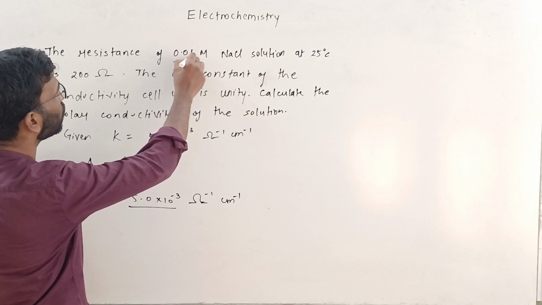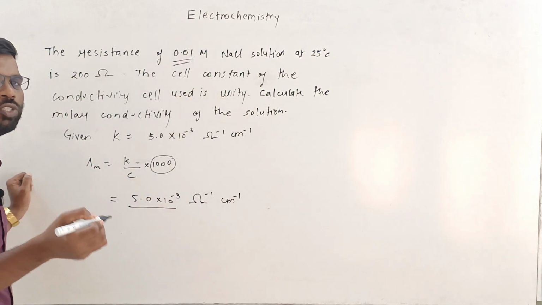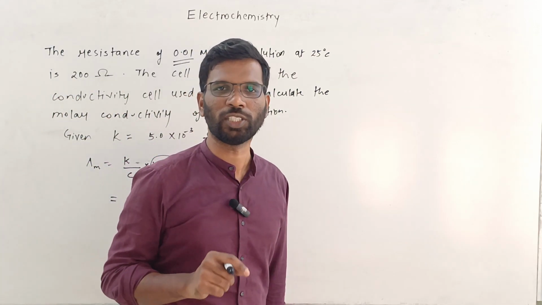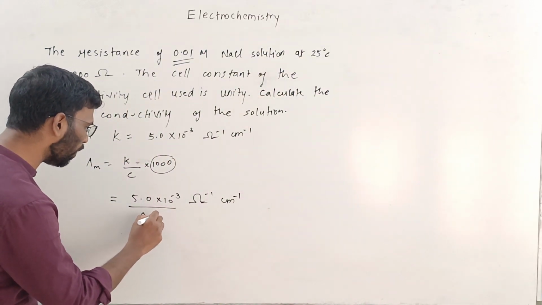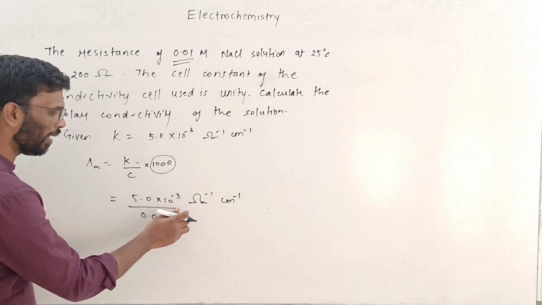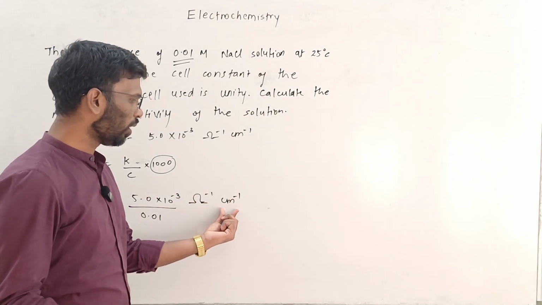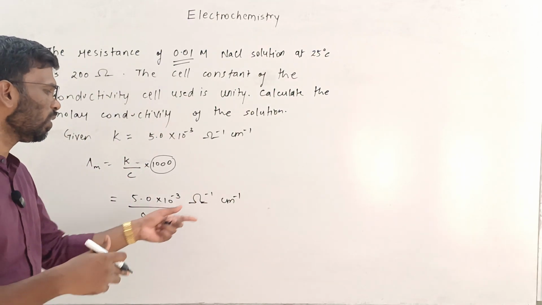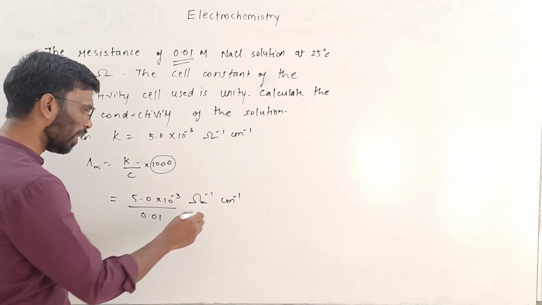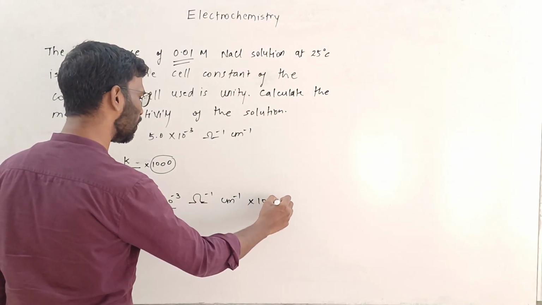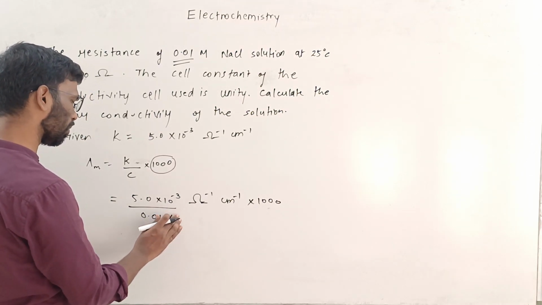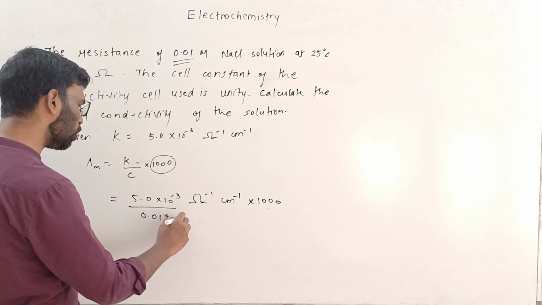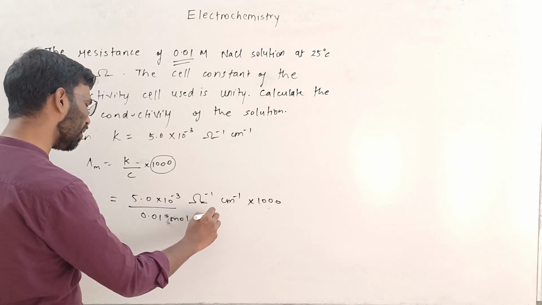How much is the concentration? 0.01 capital M, which means moles per liter. Liter is not matching with centimeter, and I want something which matches with centimeter. So I multiply by this 1000, which is already there in the formula, so instead of moles per liter, this becomes moles per ml.